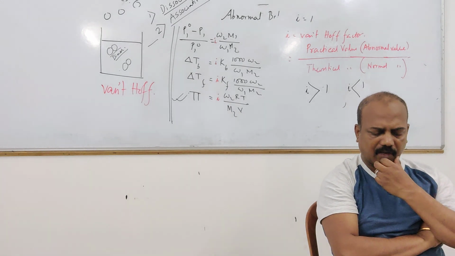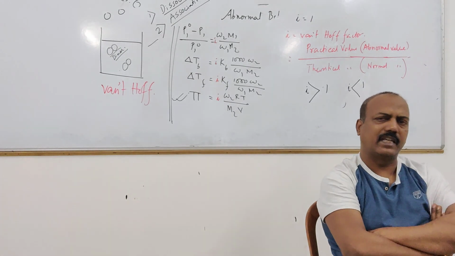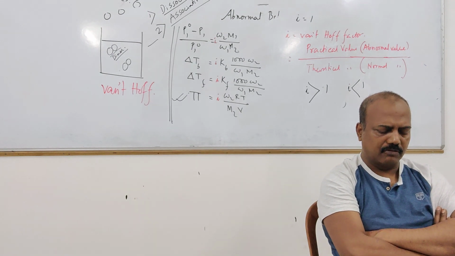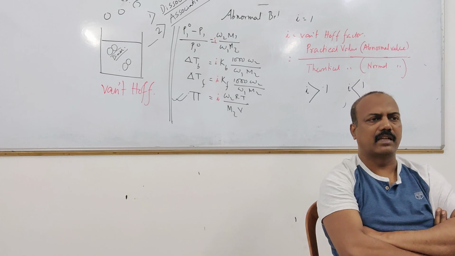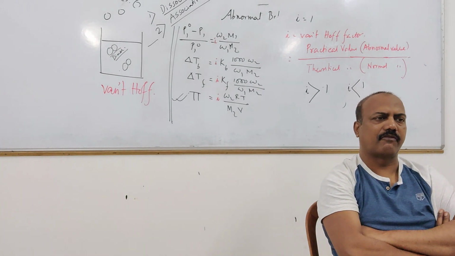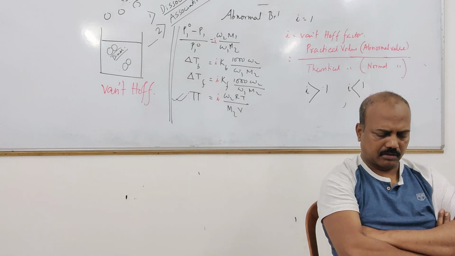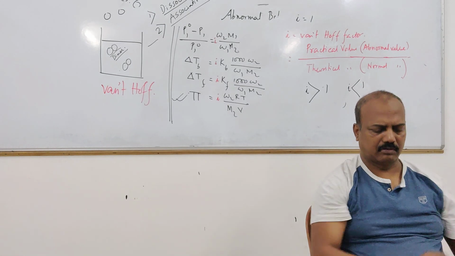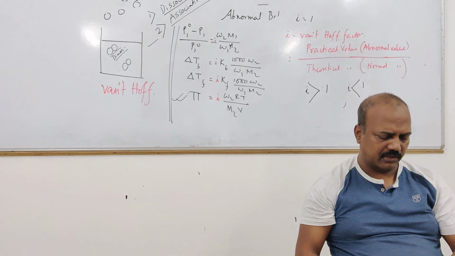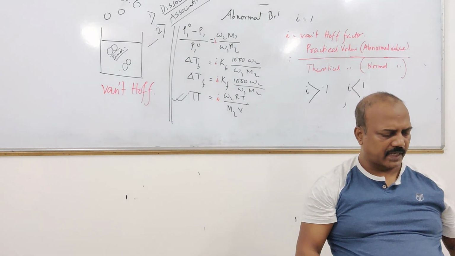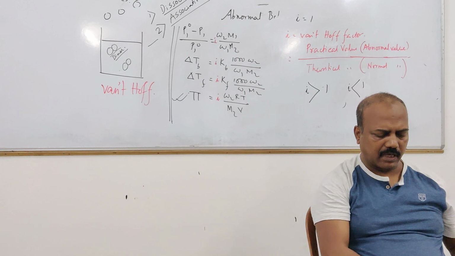First you write, calculate the value of i, that is the Van't Hoff factor, and what is the percentage of association of benzoic acid if it undergoes dimerization.